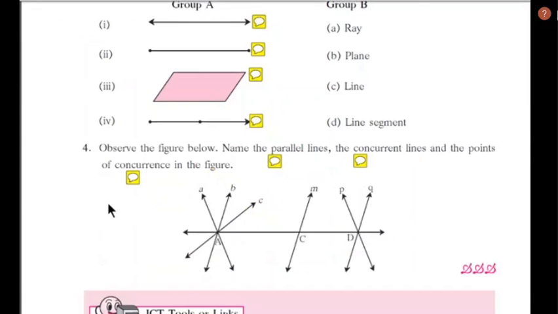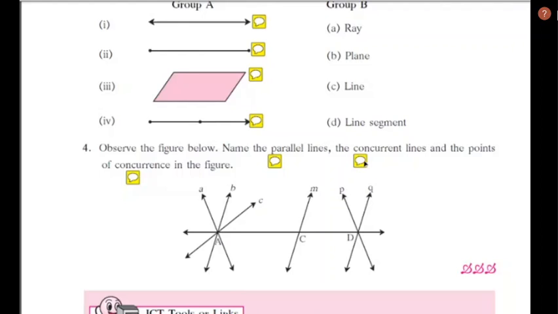Match the following. Observe the figure below. Name the parallel lines. Name the parallel lines, concurrent lines and the point of concurrence in the figure. Look at this diagram. BA, MC and QD are parallel lines, and CA and PD are parallel lines.